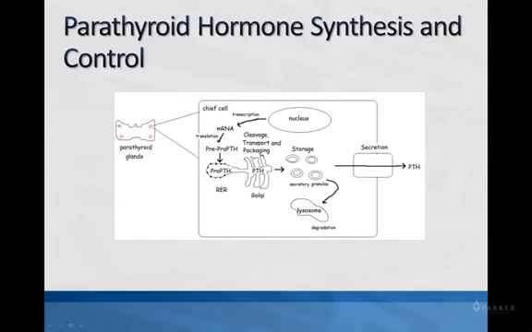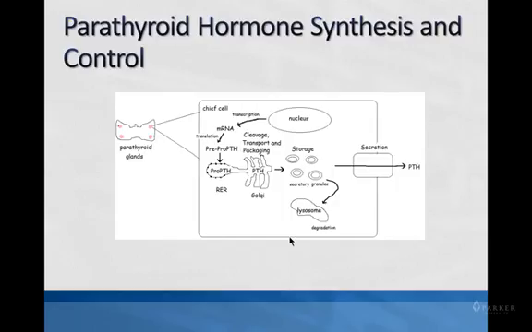But what stimulates the secretion of parathyroid hormone? Along the cell, you have sensors, receptors that sense or detect calcium. These receptors are actually G protein coupled receptors that work through cyclic AMP.